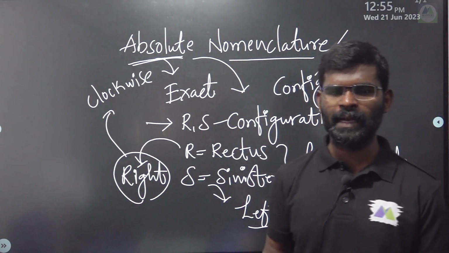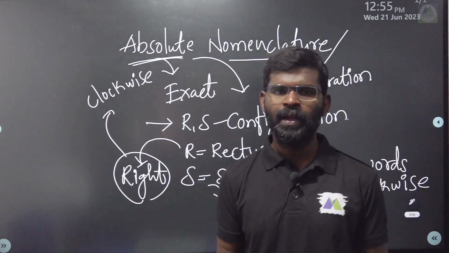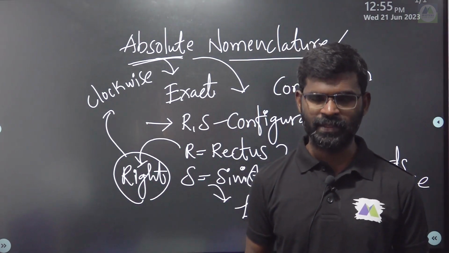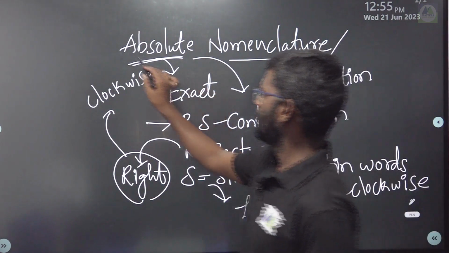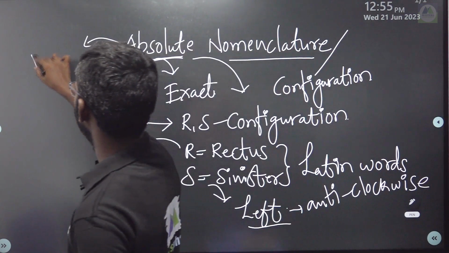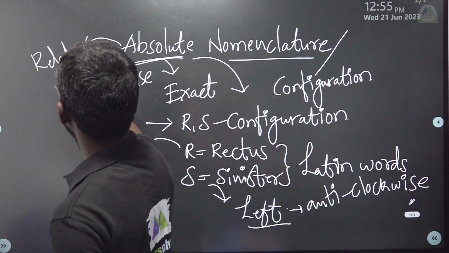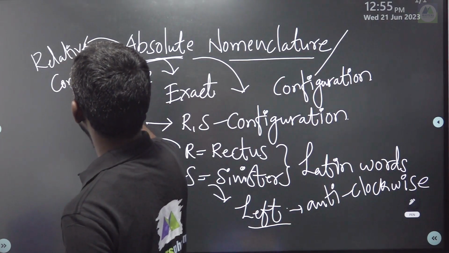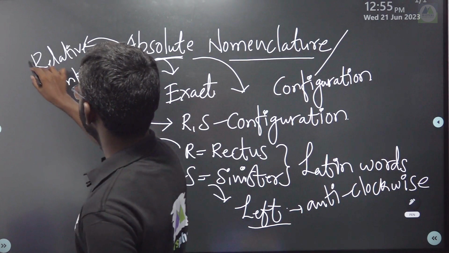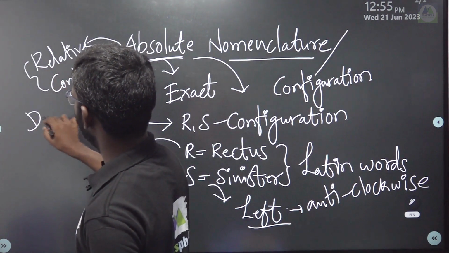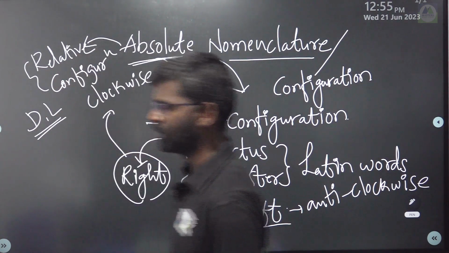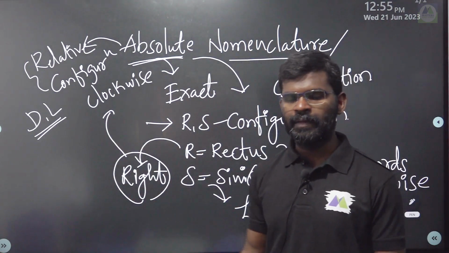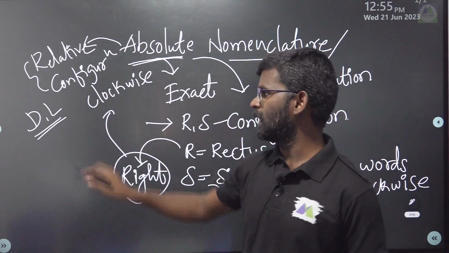What is right and what is left? We already have some information about DL configuration, that is relative configuration. Before going to absolute, there is a relative configuration, also called DL configuration, capital D and capital L. There were some problems or limitations in DL configuration.